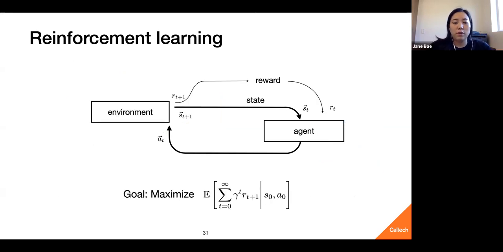So going back to the more traditional diagram for reinforcement learning, we have the environment and the agent, and we calculate the reward and state from the environment at time t. S is our state, R is our reward at time t, and the agent spits back the action at time t, denoted by A_t. Then the environment reacts to this action and gives back the reward and state at the next time step.